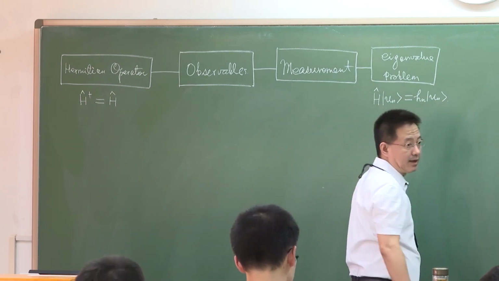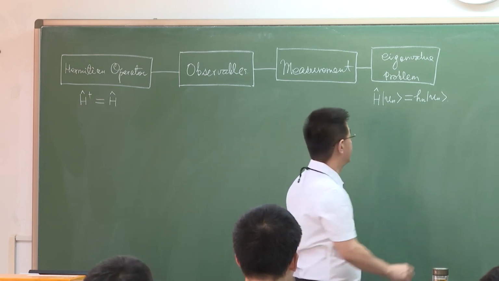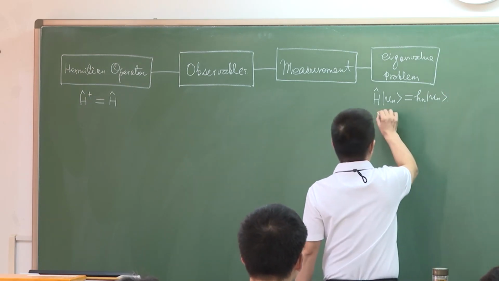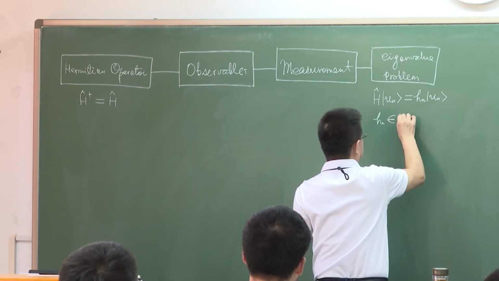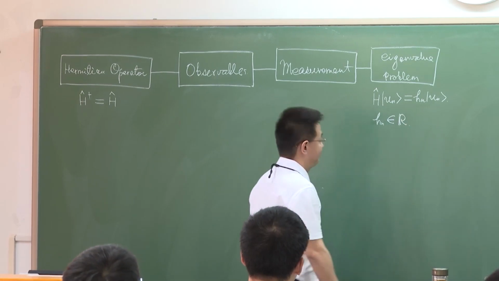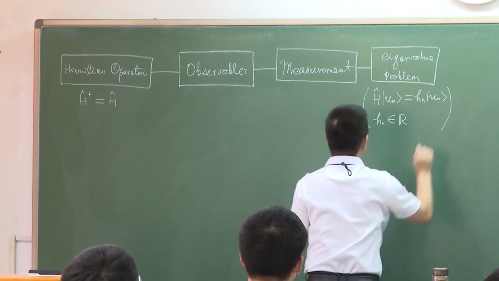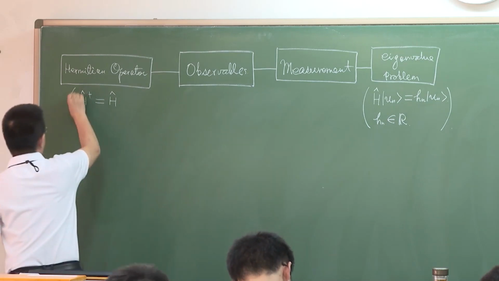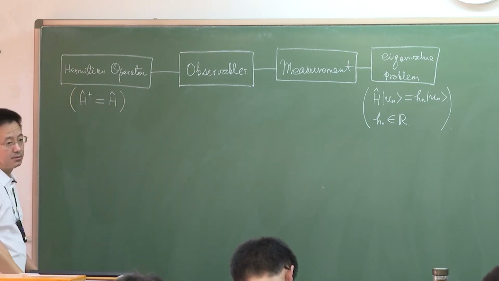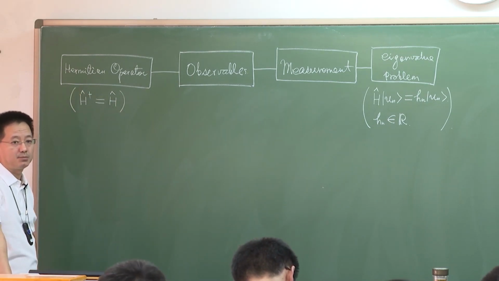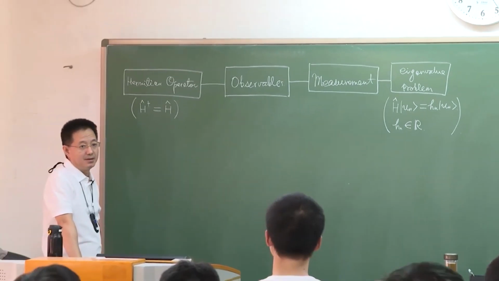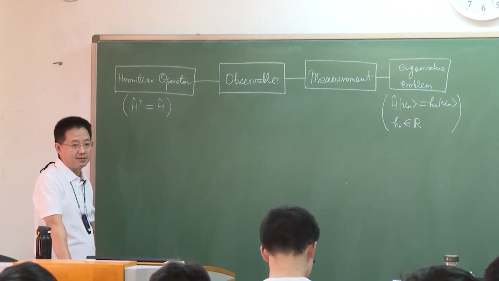And we will prove today that Hn must be a real number. So that's for the Hermitian operator. We'll face the Hermitian operator every day in the future in quantum mechanics.